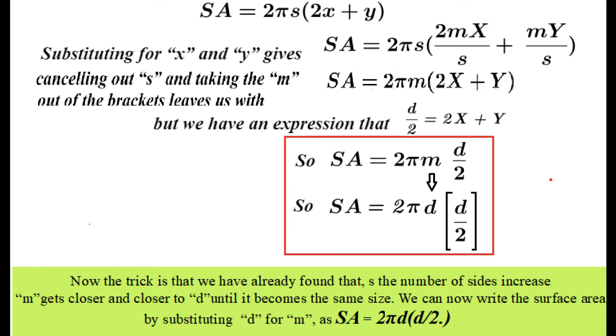Now the trick is that we have already found that as the number of sides increase, m gets closer and closer to d until it becomes the same size. We can now write the surface area by substituting d for m, so SA equals 2 pi d times d over 2.